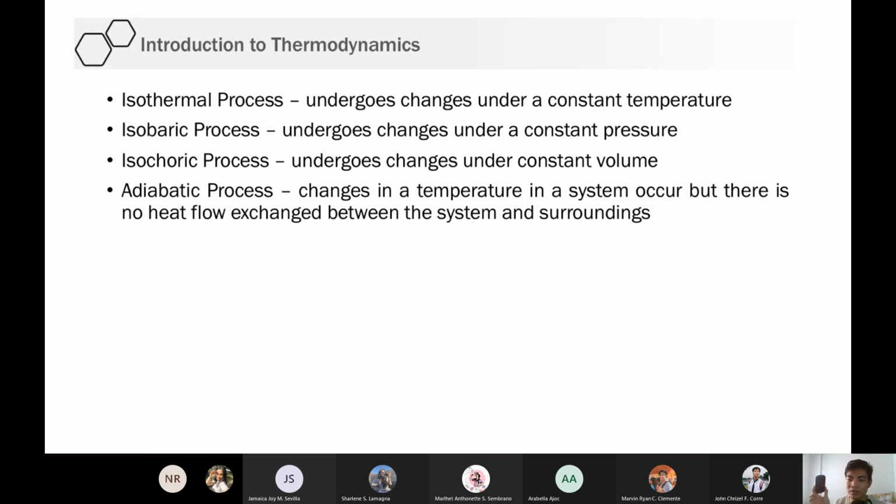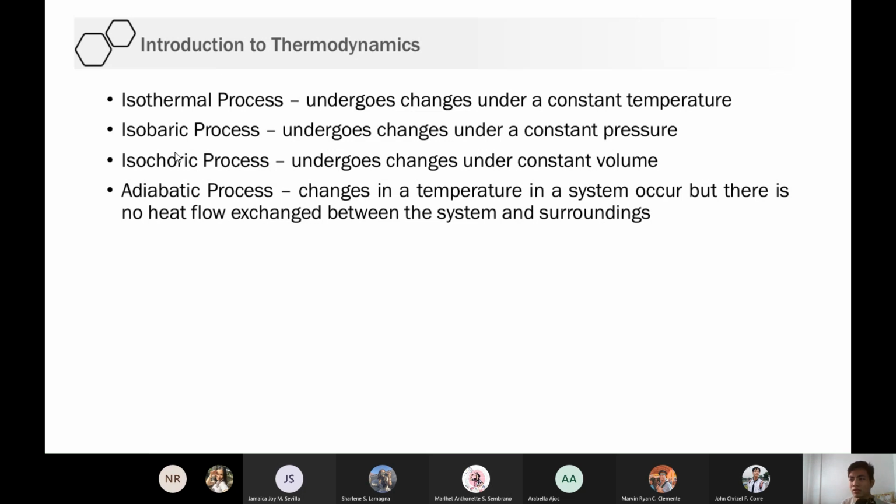Ano ba yung constant pressure dito? Yung atmospheric pressure. So 1 atm pa rin yan kahit ano gawin ko dito. Isothermal din to kasi mainit sa kwarto ko, let's say 30 degrees dito. So, this is isothermal process and isobaric process.